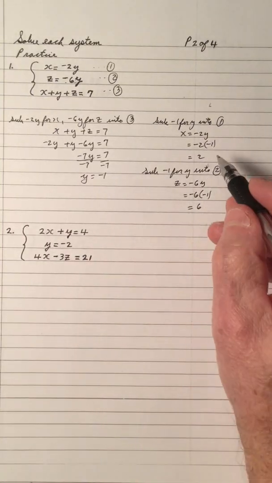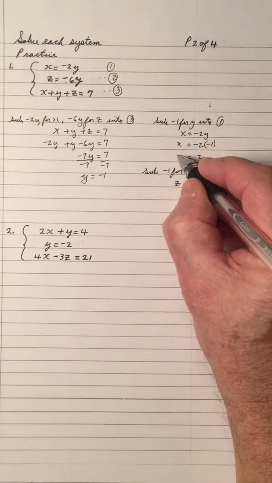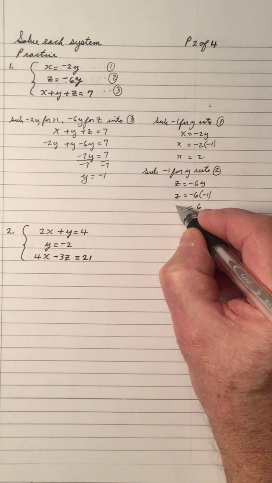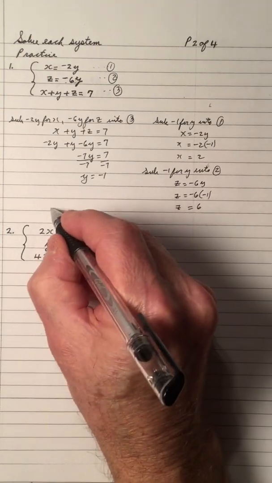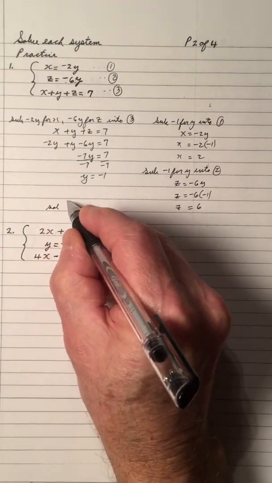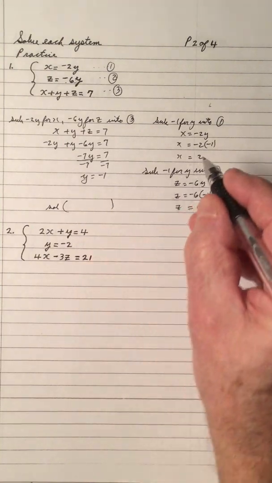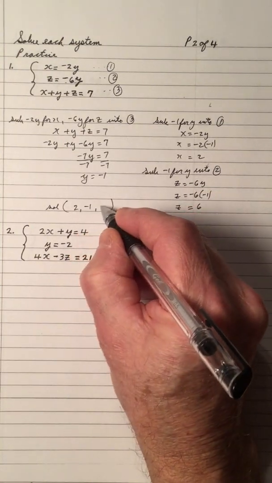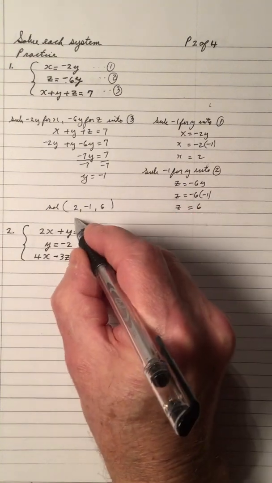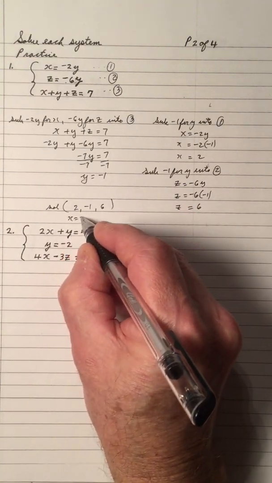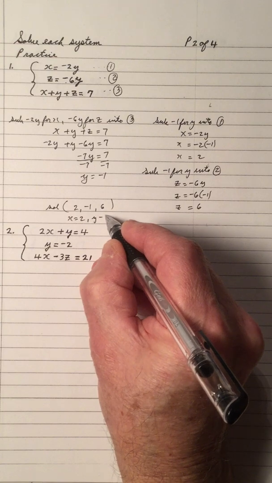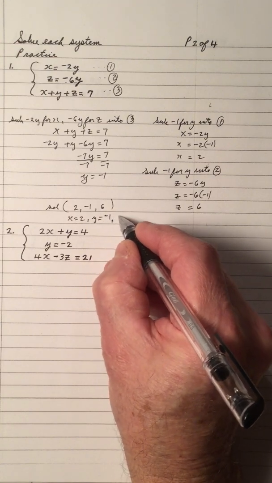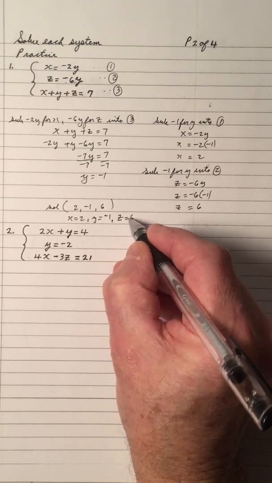So the solution, if you wish to write it as an ordered pair, is x, y, and z, or you can name it out: x is 2, y is negative 1, and z is 6.